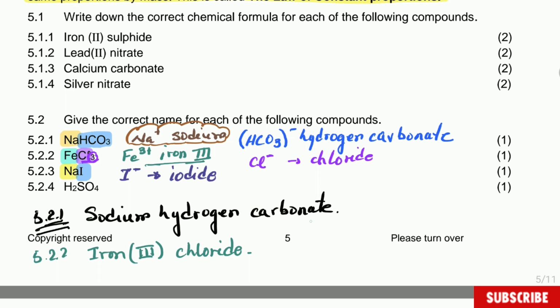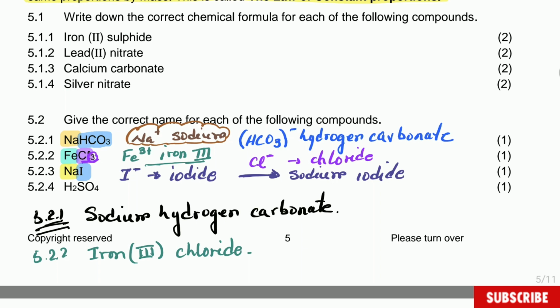And then when you combine those 2 together, we're going to write the compound right there. It's going to be sodium iodide.